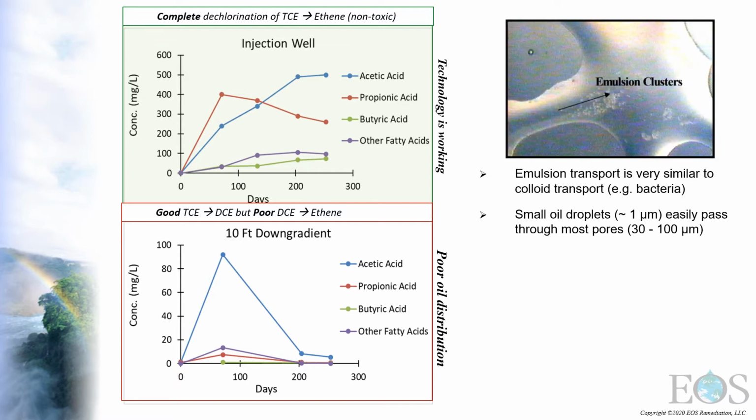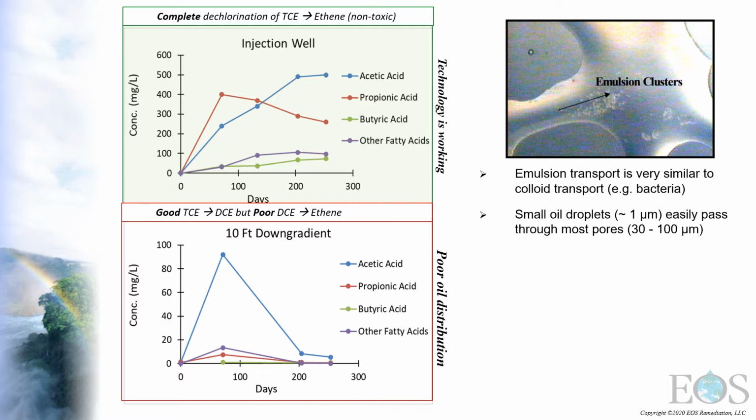Now, this goes hand in hand with emulsion transport. If we can get the emulsion to transport through the aquifer, then the chances that we make contact are going to be increased. And so how we can do that is making an emulsion that has a very small droplet size. So for our EOS Pro product, the oil droplet size is about 1 micron.